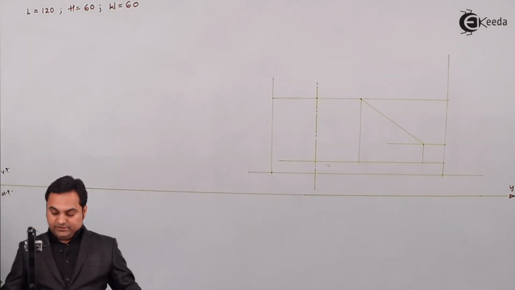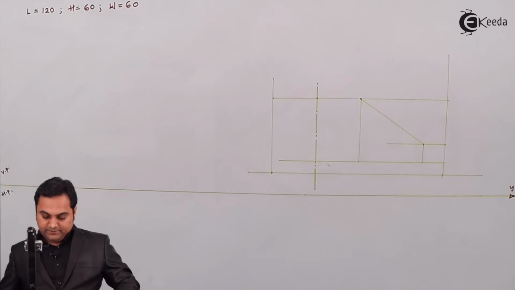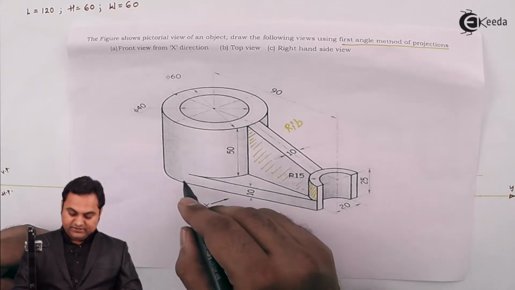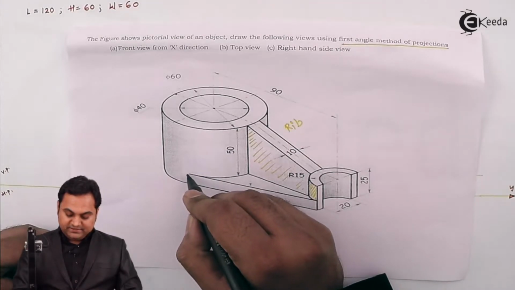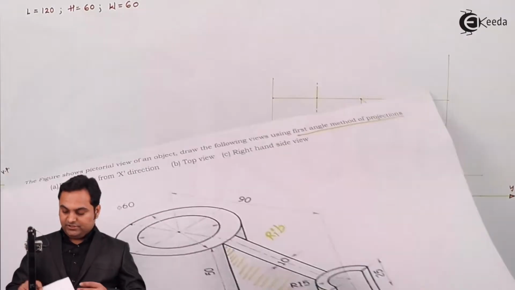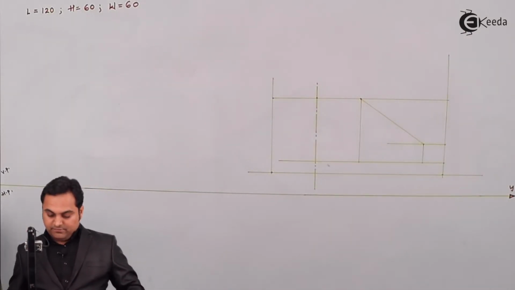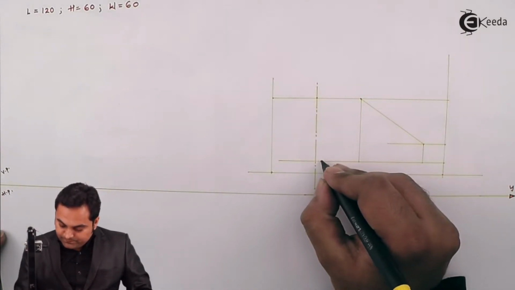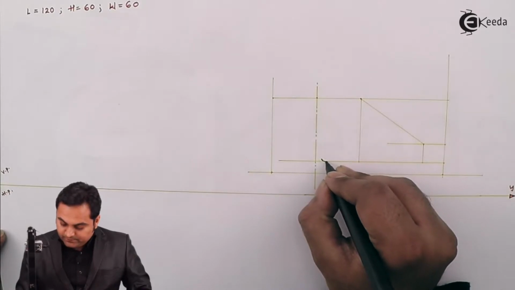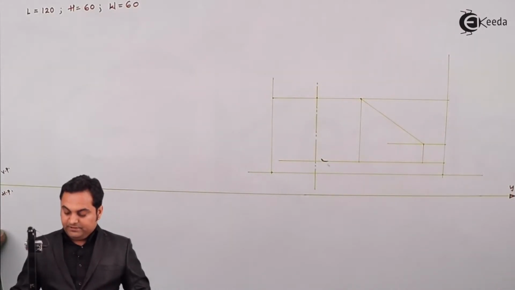Next, since this plate which is of 10 mm height is being extended, I'll say it is extended just below the center, and that can be shown with the help of a light curve which I am drawing freehand. So this will be the plate.